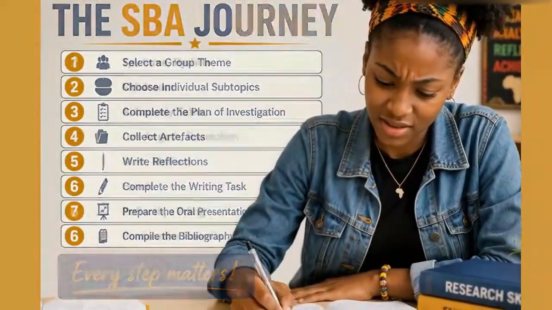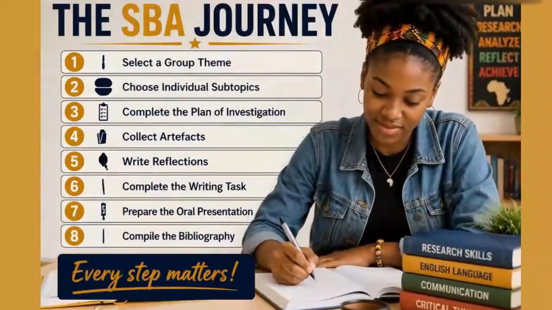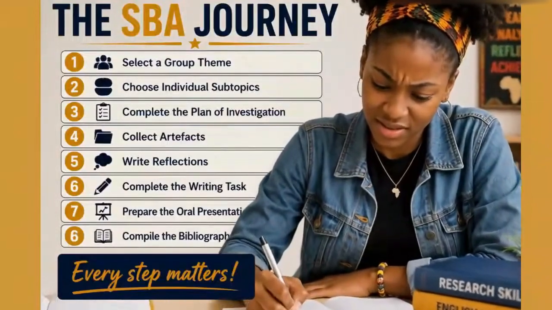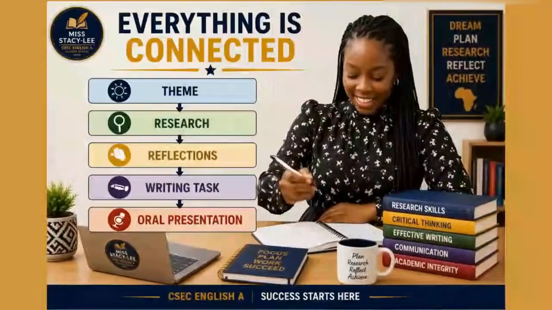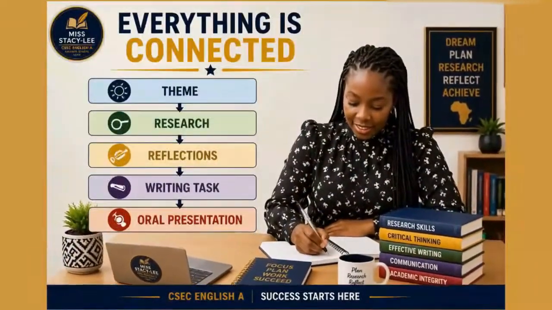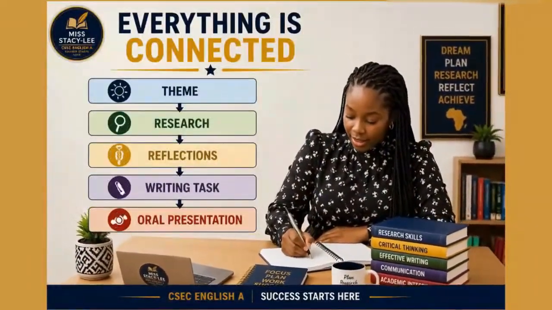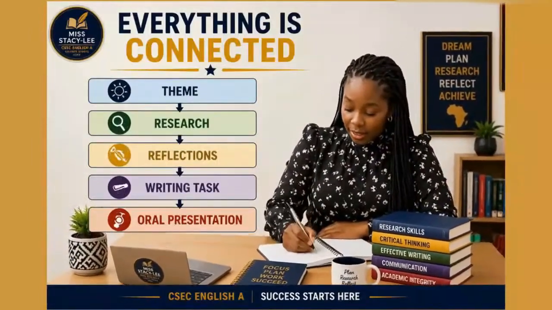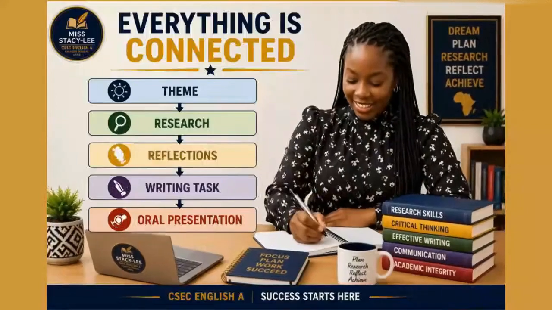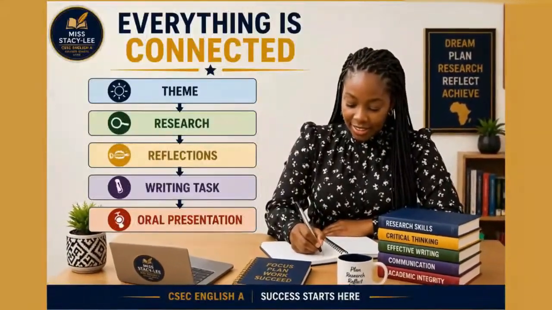It isn't. It is a portfolio made up of several carefully connected components. Over the next few weeks on this channel, we're going to explore every single one of these components in detail. By the end of this series, you'll know exactly how to complete each one successfully.